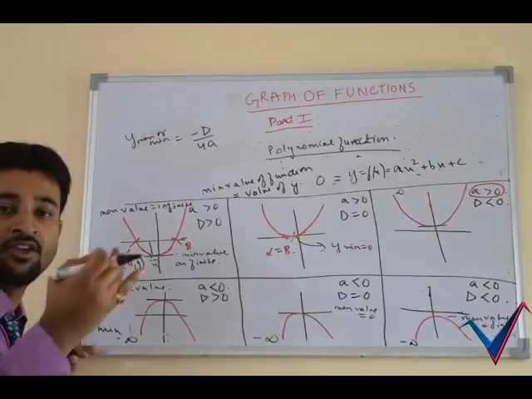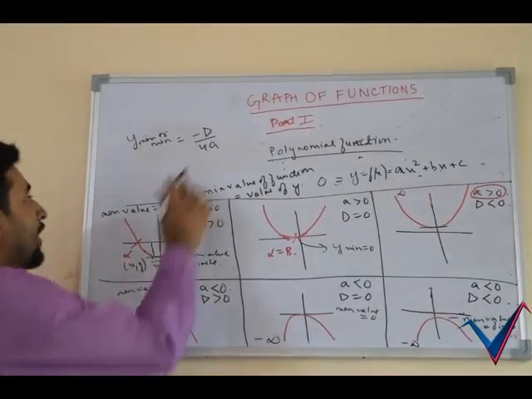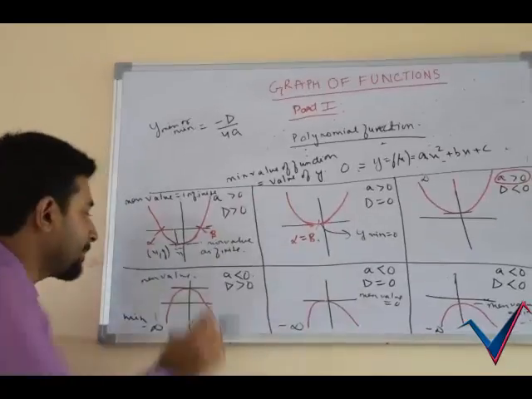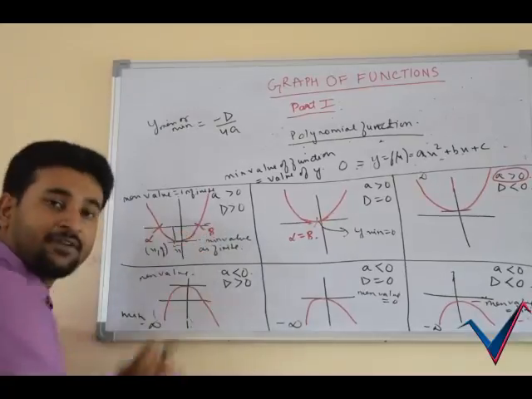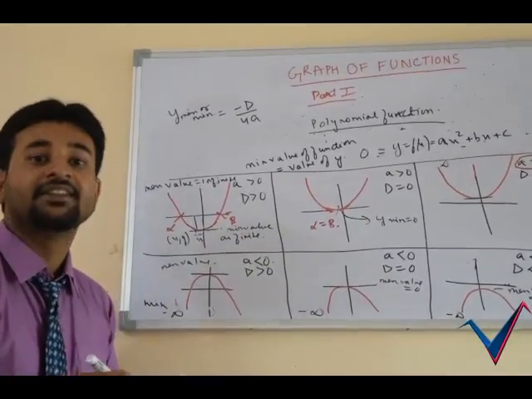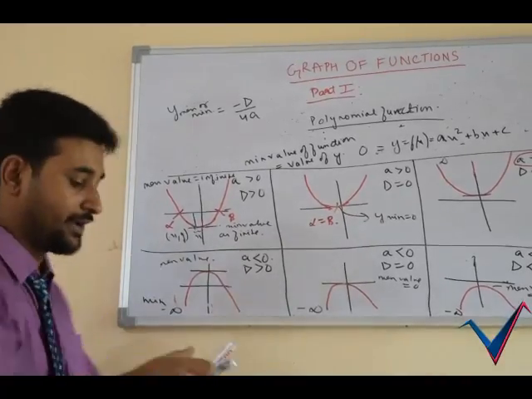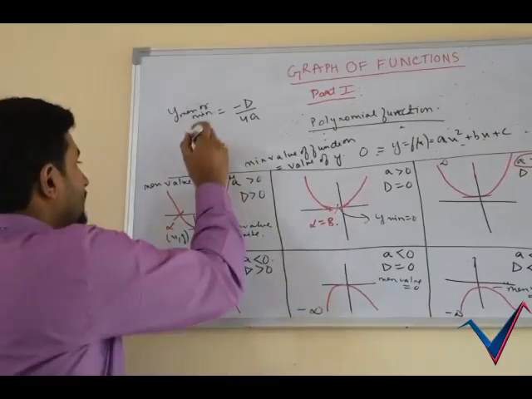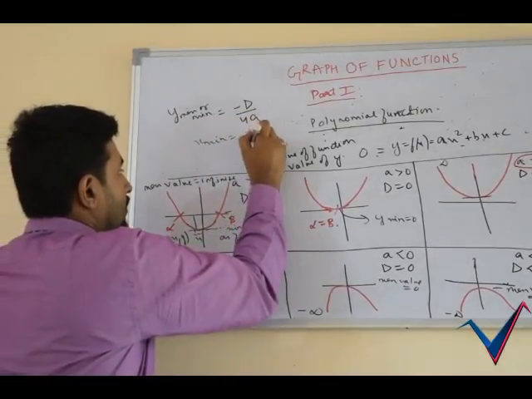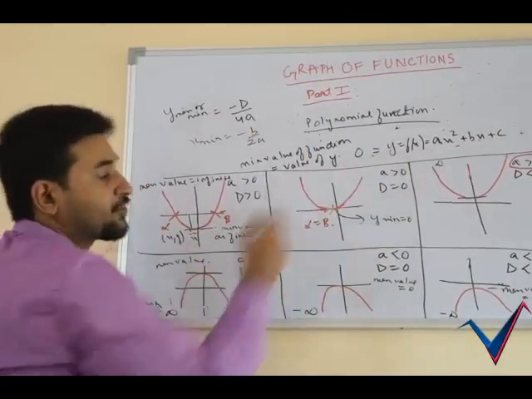That means the minimum value occurs at a point having coordinates x and y. So the value of y here, as I told you, is minus D by 4a. So there must be some value of x also for which y is minimum, and that value of x is given by minus b by 2a, where b is the coefficient of x and a is the coefficient of x square.